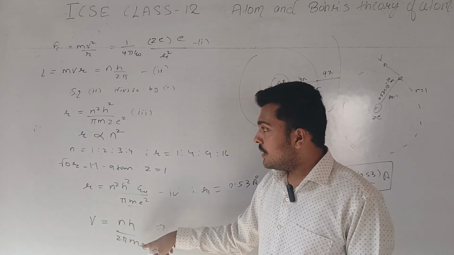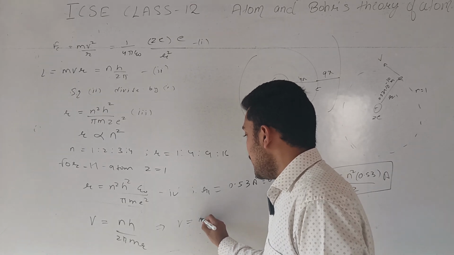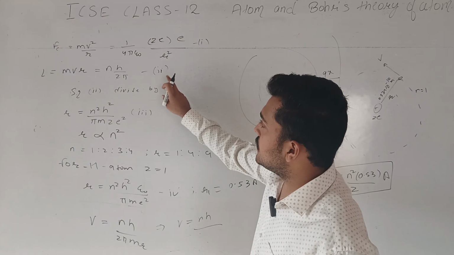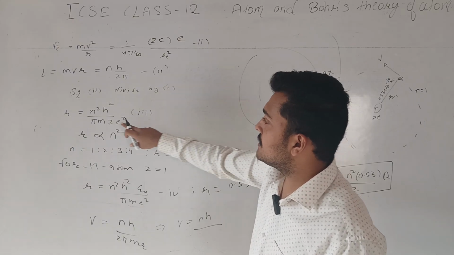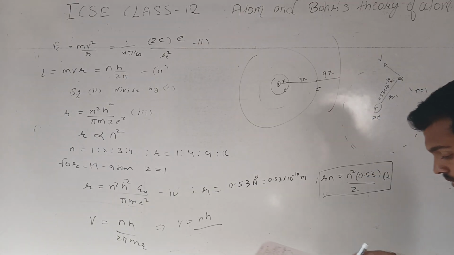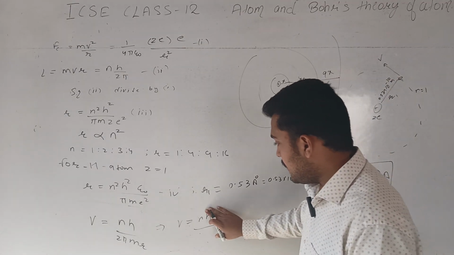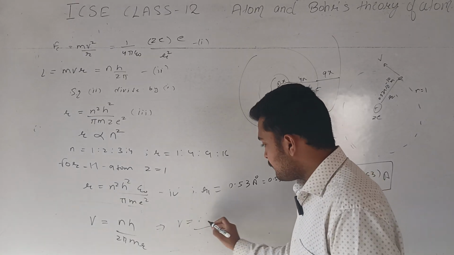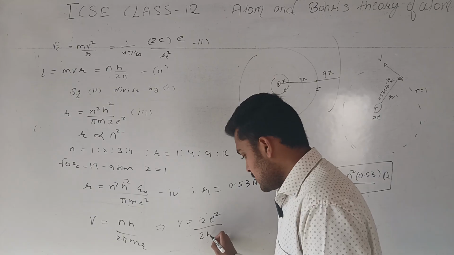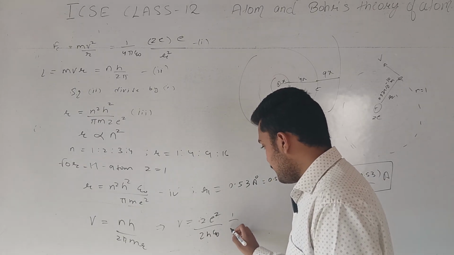So v is equal to nh upon 2 pi m, and the value of r is n square h square upon pi m Z e square. When we put all of it, the resultant is v equal to Z e squared upon 2h epsilon naught into 1 by n.